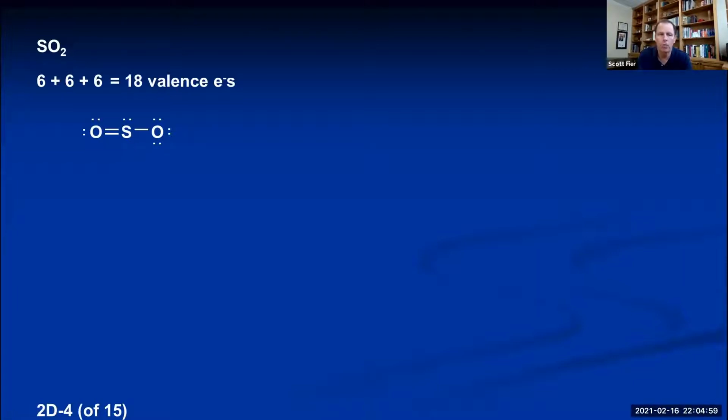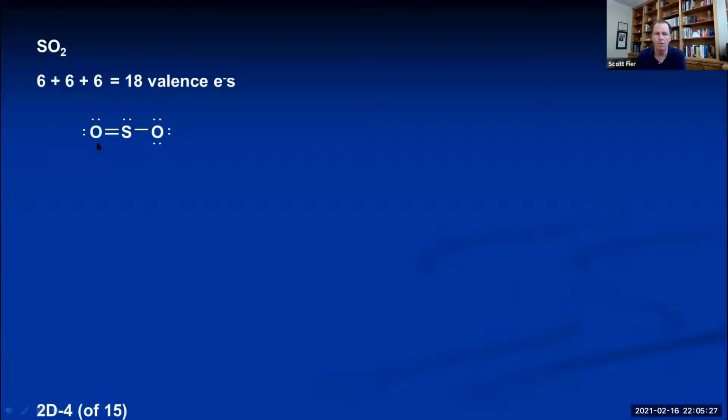To calculate formal charge, you then add up each bond it's making, not two bonded atoms, but in this case, 1, 2, 3 bonds. And then it has 2 lone pair electrons. So the formal charge calculation is 6 minus 3 bonds minus 2 lone pair electrons. 6 minus 3 minus 2 gives you positive 1. So the sulfur has a positive 1 formal charge.